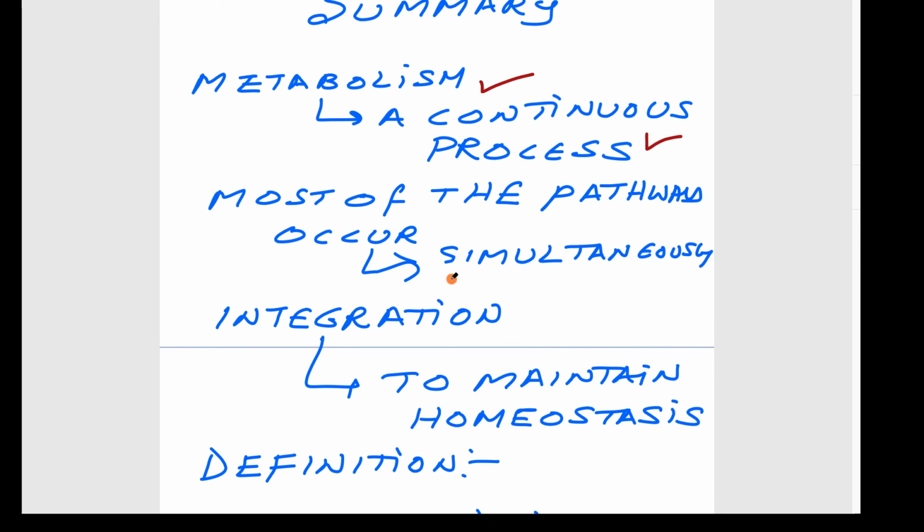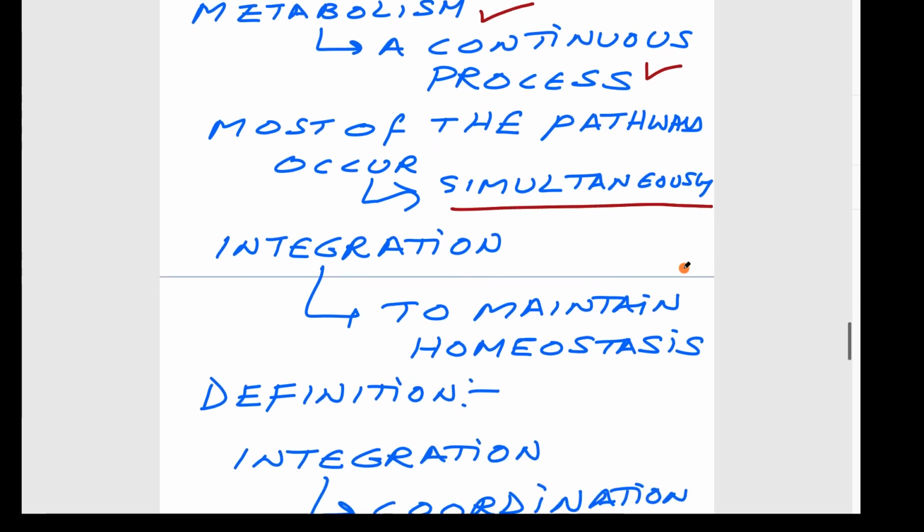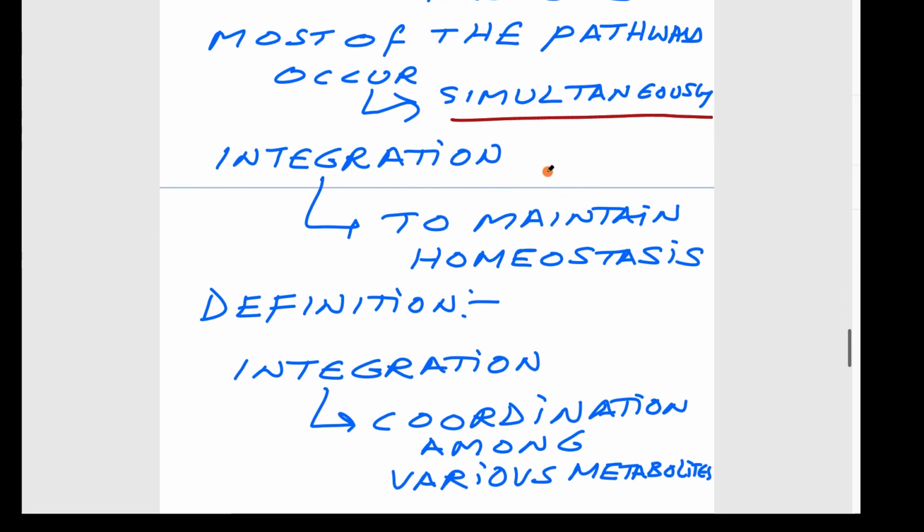So integration takes place: one pathway is dependent on another, and one nutrient fuel can participate in a number of pathways. There must be coordination between various nutrients, tissues and organs, to maintain cellular homeostasis.